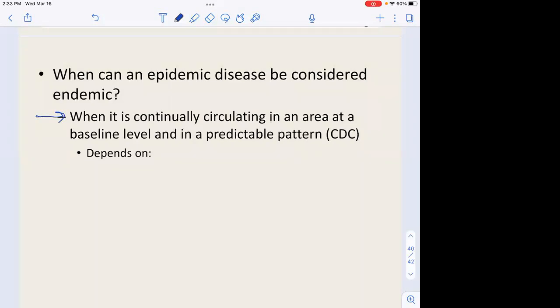It has more to do with what level society is willing to tolerate. What level of disease officials and individuals are willing to tolerate?